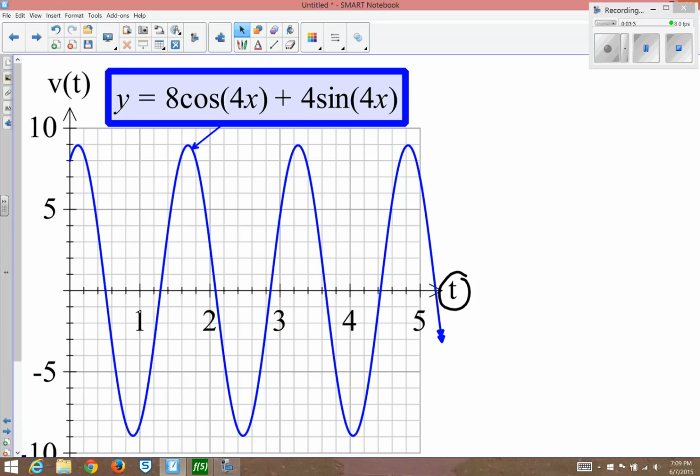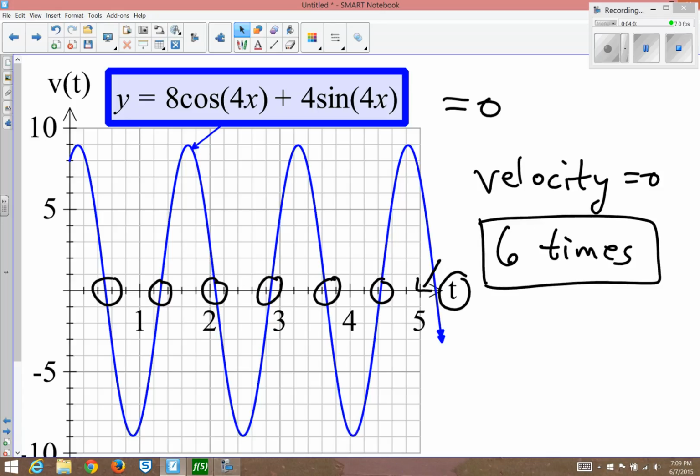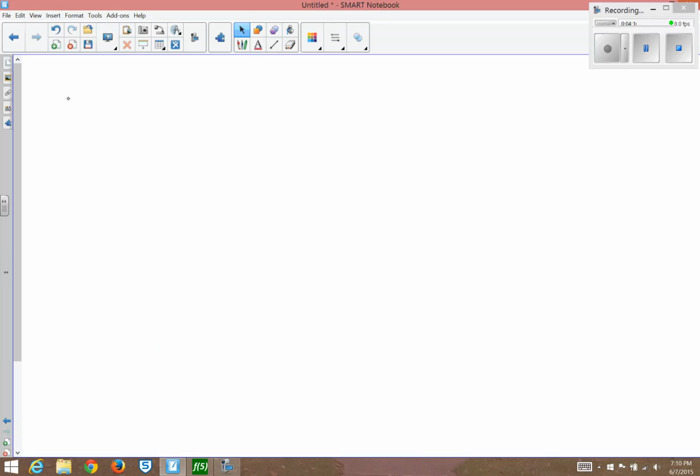You can see that in the first 5 seconds, the velocity is equal to 0 1, 2, 3, 4, 5, 6 times in the first 5 seconds. Anything after 5 seconds is not important. That's number 56. Next one is number 10.